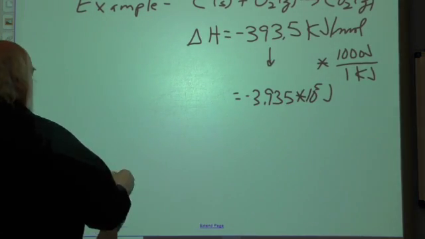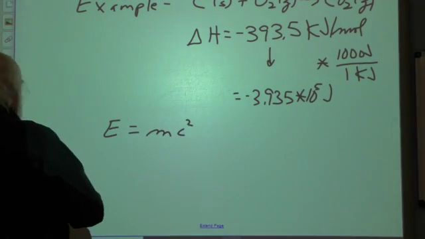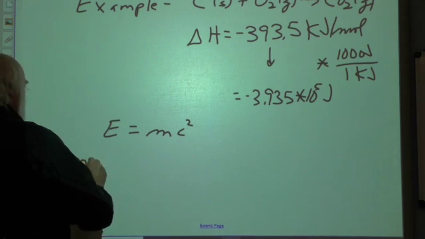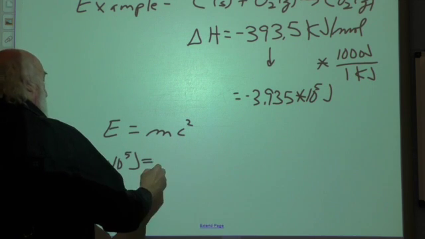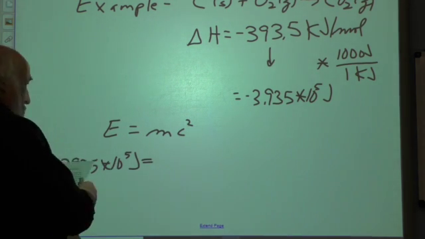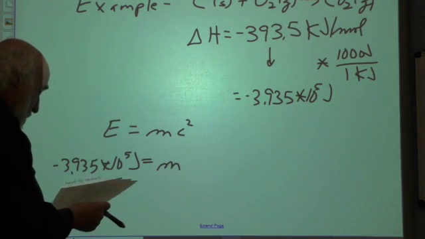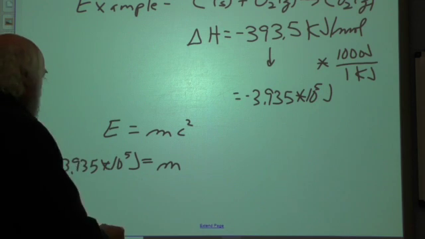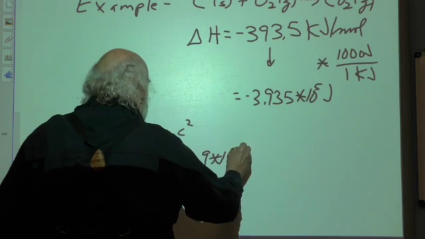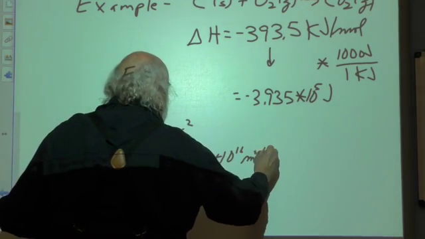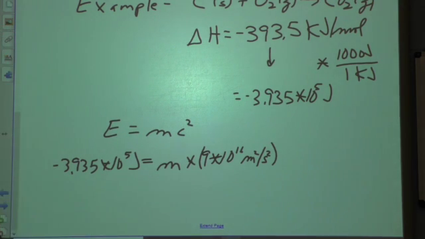We plug that into our equation, E equals mc squared. The E then is the negative 3.935 times 10 to the 5th joules equals the mass. And that's what we're trying to solve for, how much mass was lost to create the bond and the amount of energy being given off when it's broken, times 9 times 10 to the 16th meters squared per second squared, or 3 times 10 to the 8th meters per second quantity squared.